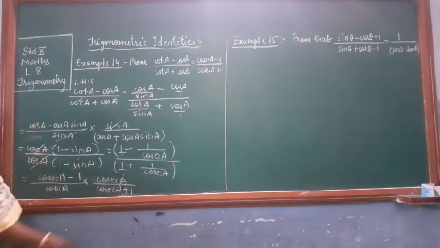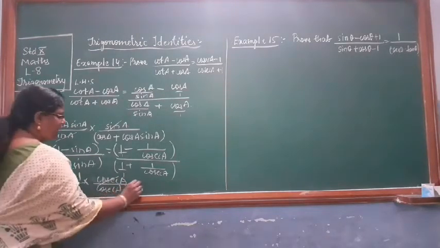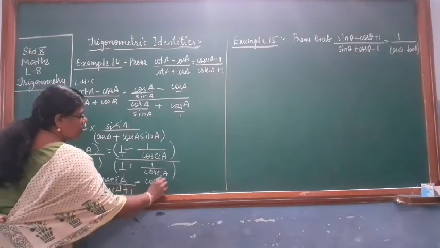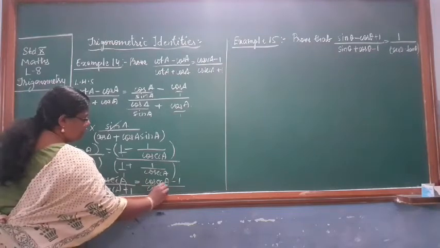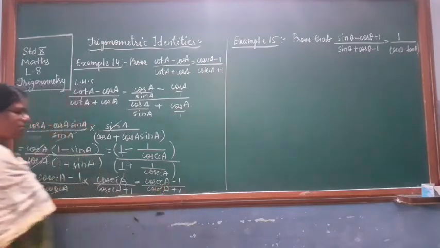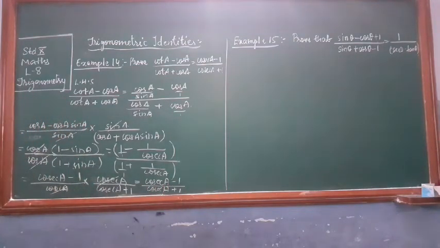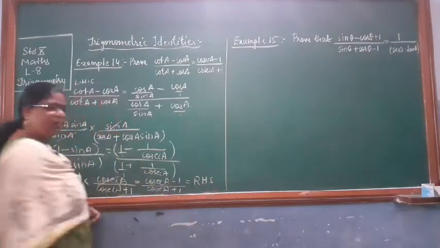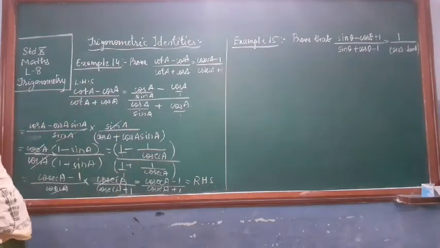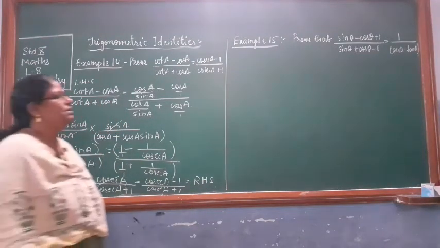It will cancel this way. So what do I have? My final expression as cosec A minus 1 upon cosec A plus 1. So this way I have got my RHS, what I required I have obtained. So this is how you should be solving.